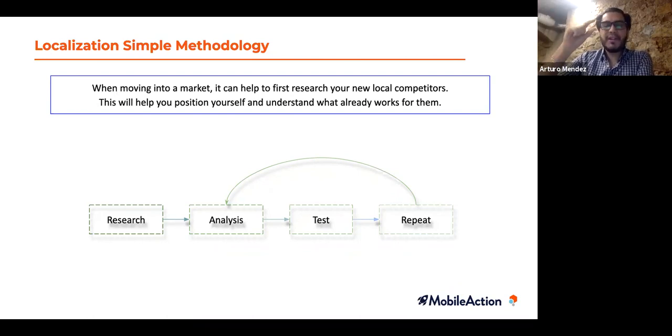Very generic terms usually have a really low conversion rate. It's a balance between conversion rate and traffic that needs to be balanced in order to have more visibility and conversion. Then you test it, analyze it, and repeat again. So that is the circle of the simple localization methodology, which will be around 3 to 4 iterations.